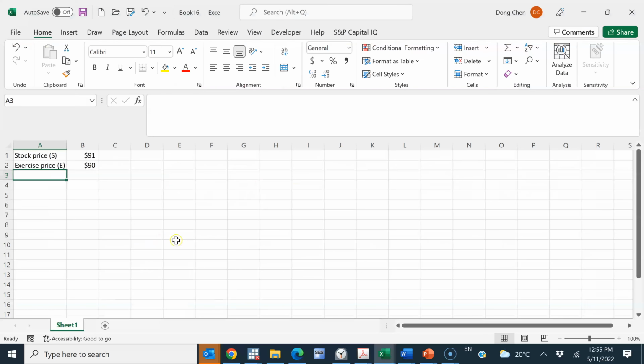And the risk-free rate, so that is little r, and so this is 4.1%.